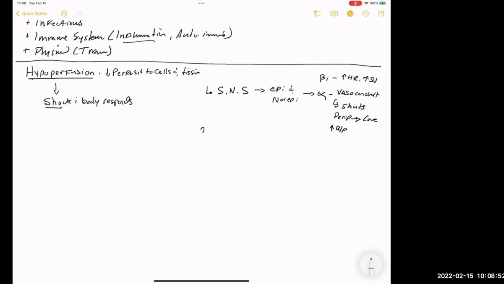The other major thing that happens is an activation of a hormonal system known as the renin angiotensin aldosterone system, or the RAAS. I'm going to talk about that in just a little bit of detail because it's very important. It is an important example of something called a negative feedback system.